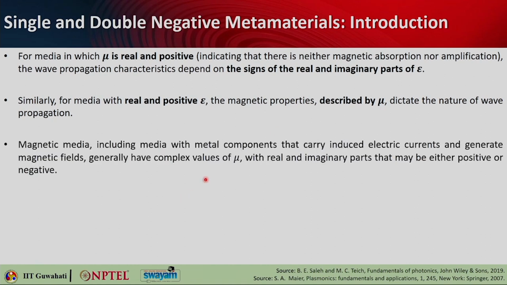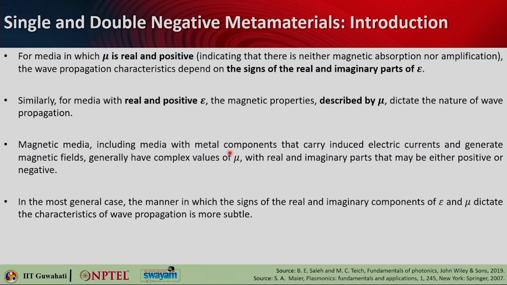And magnetic media, such as media which include some metal components that could carry induced electric currents and generate magnetic fields, generally have a complex value of mu with real and imaginary parts which may be either positive or negative, right.